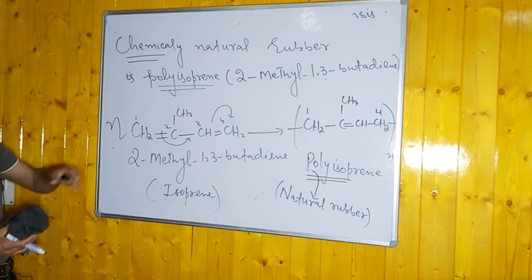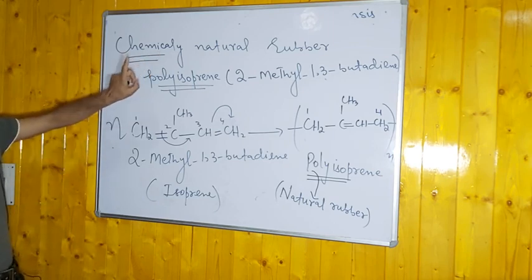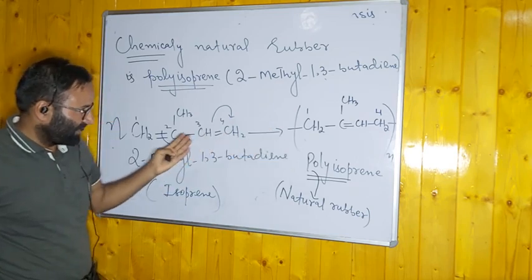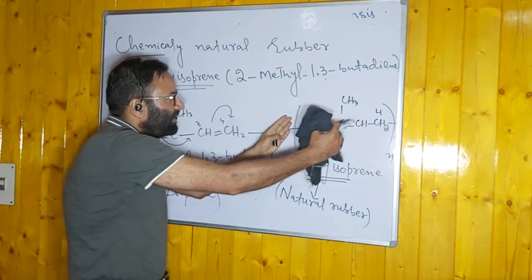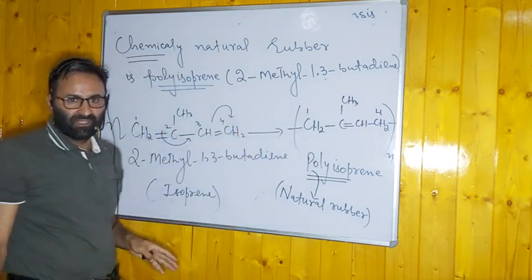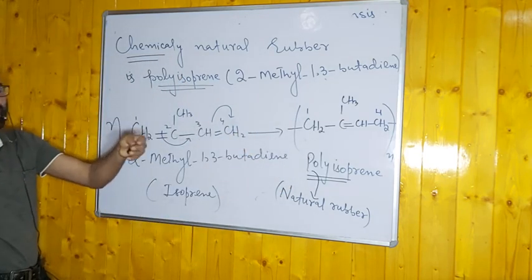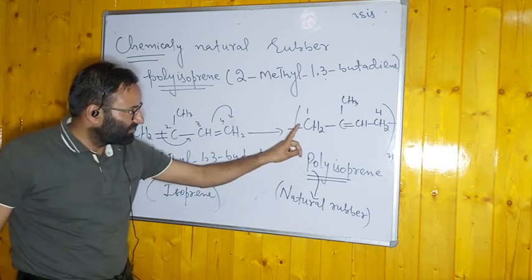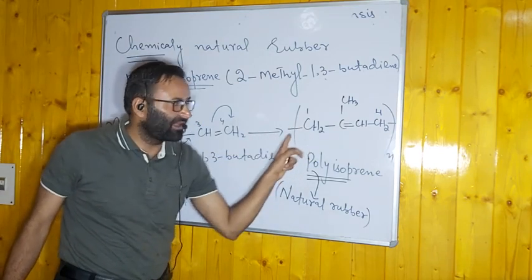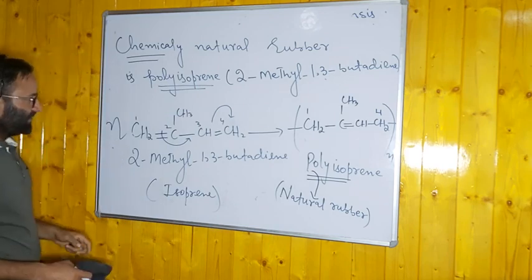Hence, you can say it is obtained by the addition polymerization of isoprene, and it is a linear 1,4 addition polymer, because carbon 1 and 4 are involved in the polymerization.